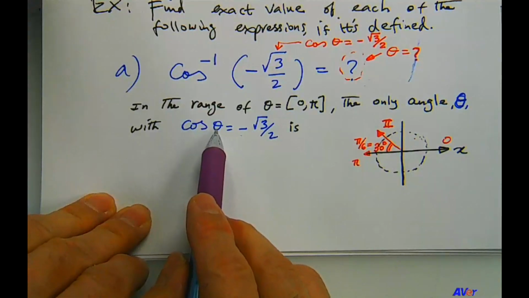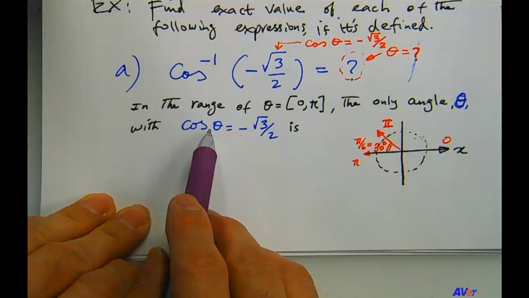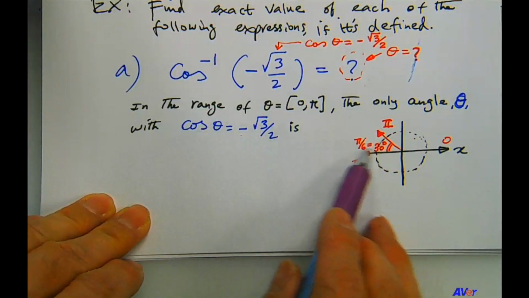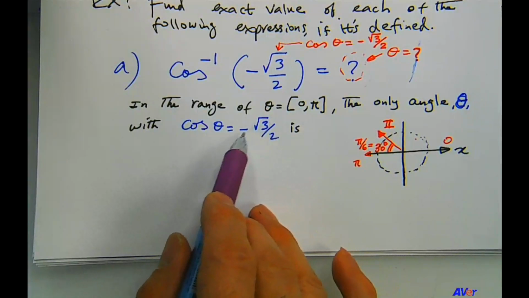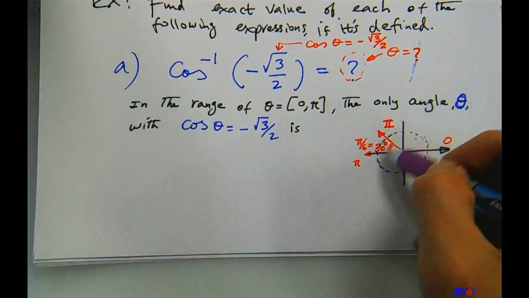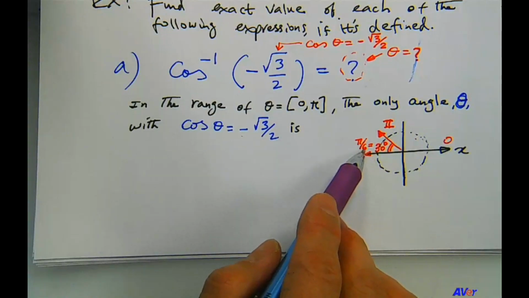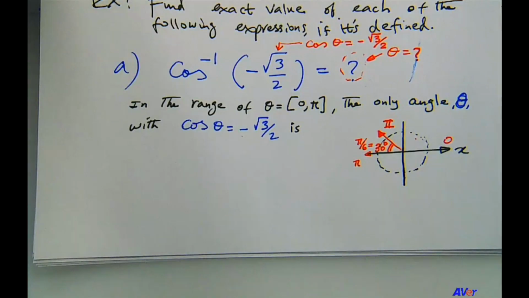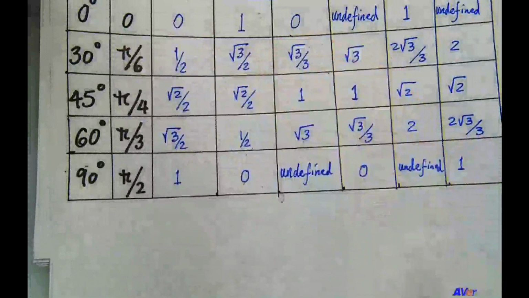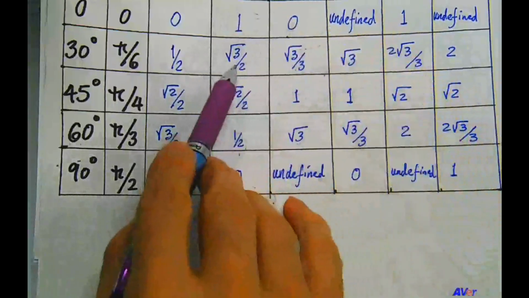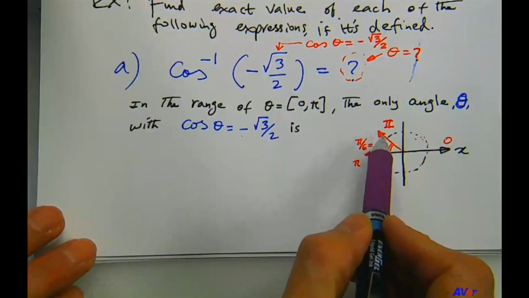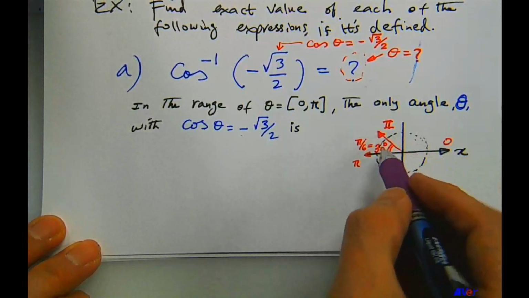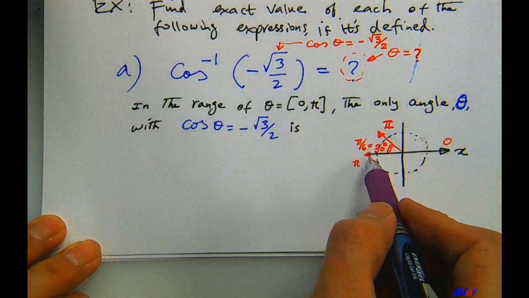So what is that angle whose cosine, in the second quadrant with a negative result, equals negative square root of 3 over 2? We know the reference angle must be pi over 6, because of these values. These are reference angles, and square root of 3 over 2 is positive. So we can figure out the angle by subtracting pi over 6 from pi.